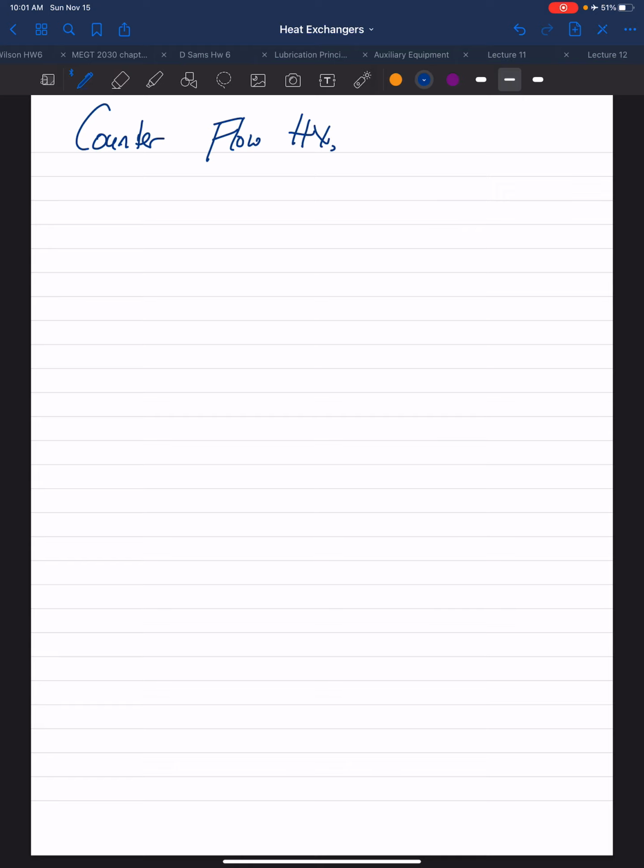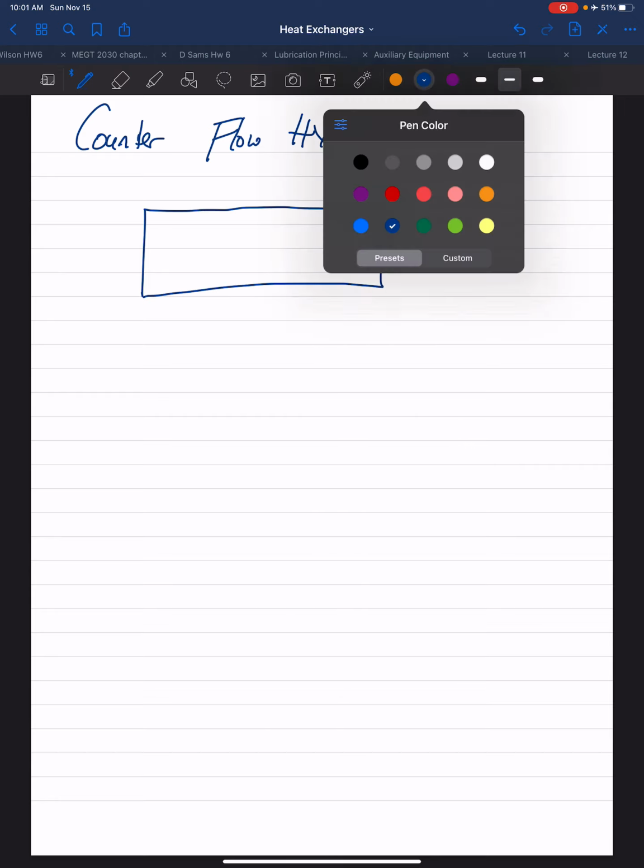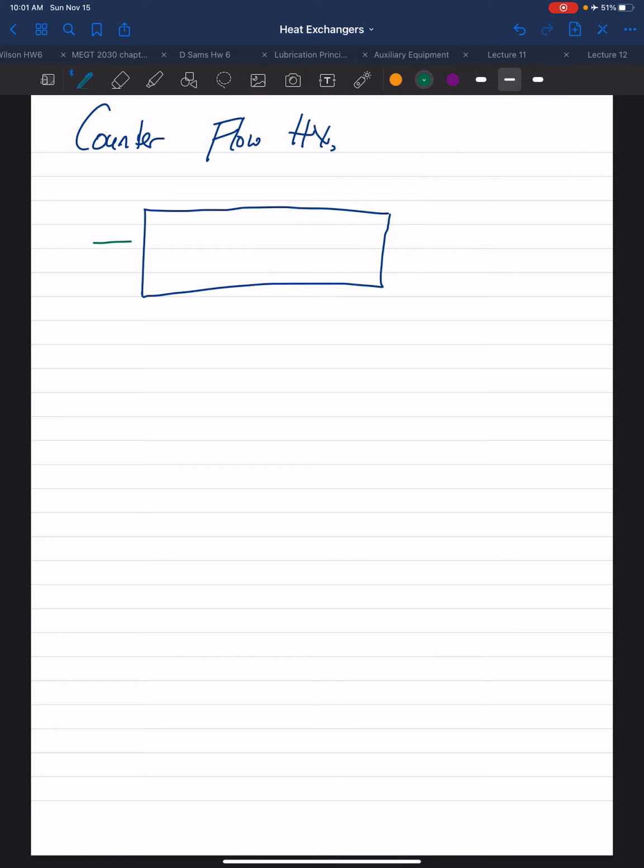So counterflow heat exchangers. Once again, my tube side flow direction. So you have your cooler fluid entering the tubes, lowercase t1 entering cooler fluid temperature, lowercase t2 exiting.